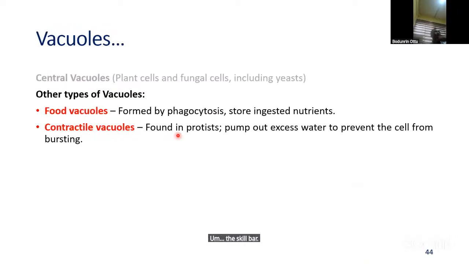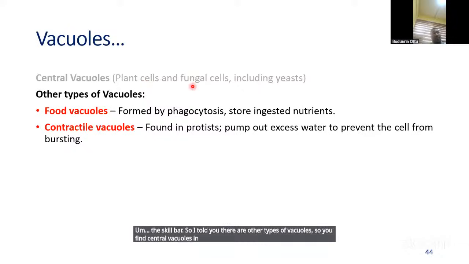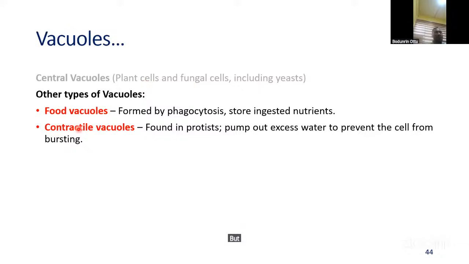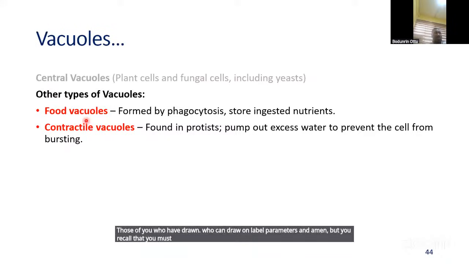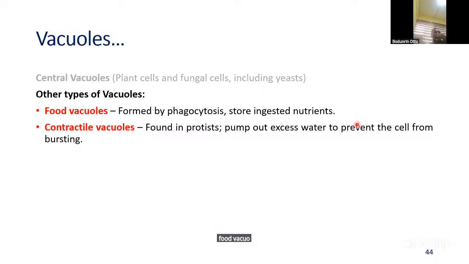So I told you there are other types of vacuoles. You find central vacuoles in plants and fungi, but then you find food vacuoles in protists like amoeba and paramecium. Those of you who can draw and label paramecium and amoeba, you recall that you must have drawn things like contractile vacuole and food vacuole. Food vacuoles are formed by phagocytosis, which has to do with engulfing, eating, right?